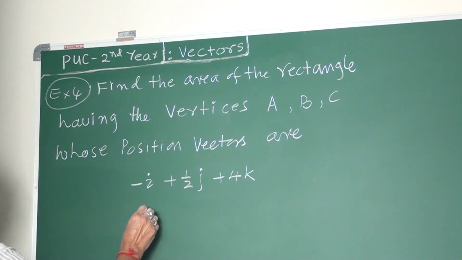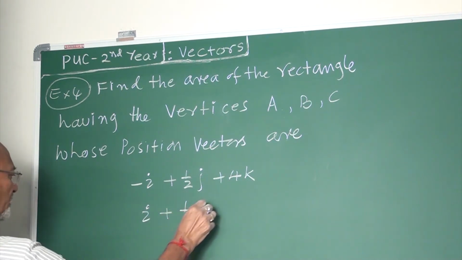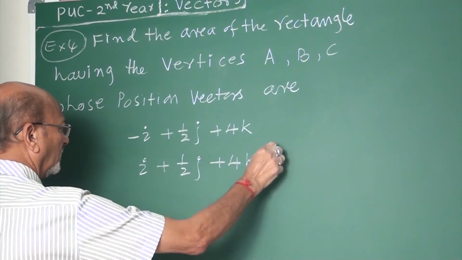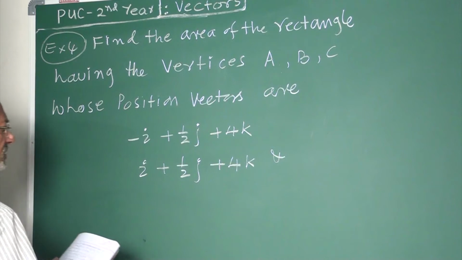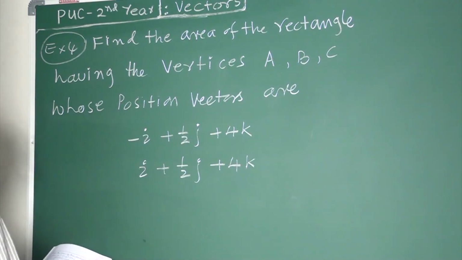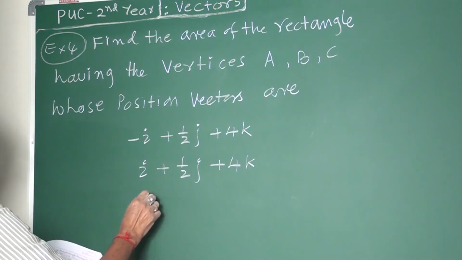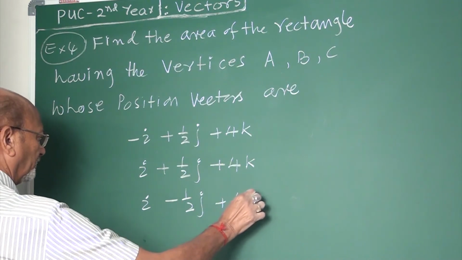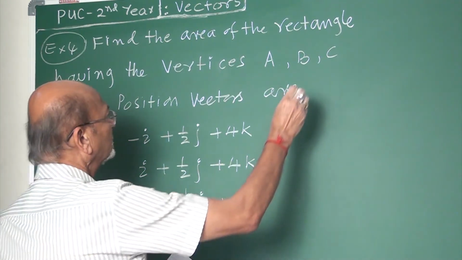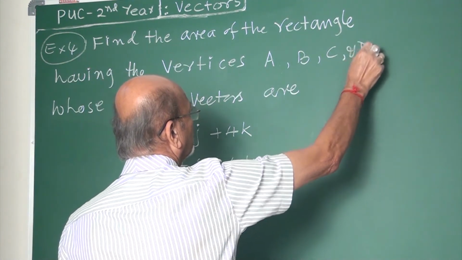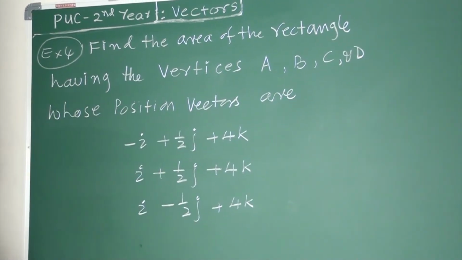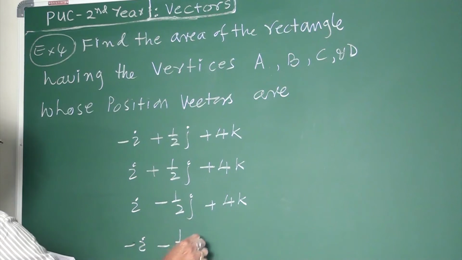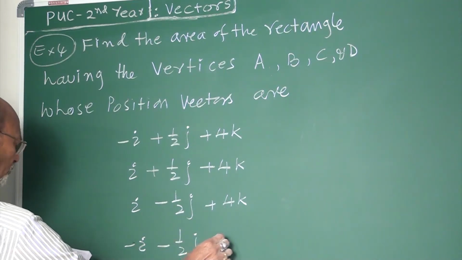B is i plus half j plus 4k, and C is i minus half j plus 4k, and D is minus i minus half j plus 4k.